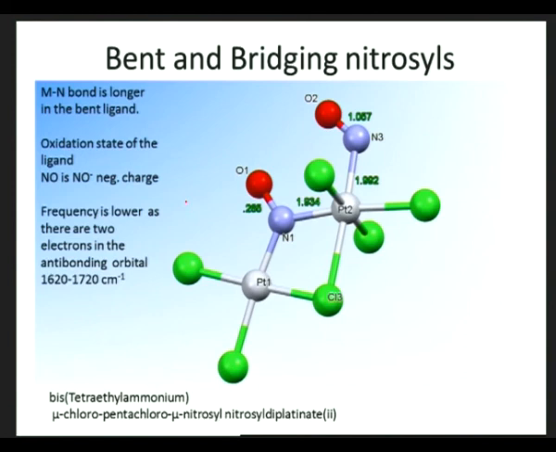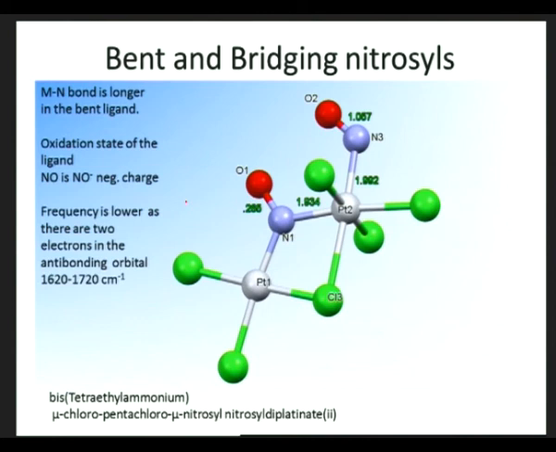Now, we talked about bent nitric oxide, and we also have bridging nitric oxide. In some molecules, both can be found together. Here is an example where you have a platinum atom which is bonded to both a bent nitrosyl and also has a bridging nitrosyl molecule.